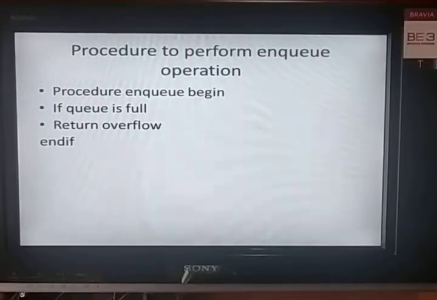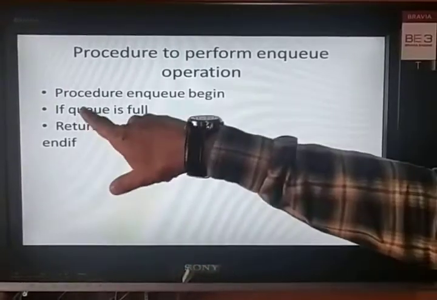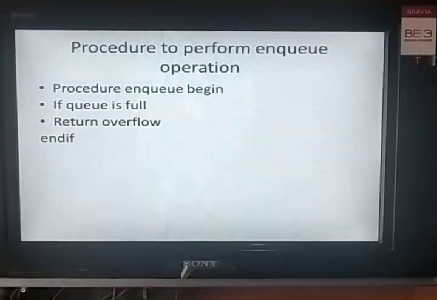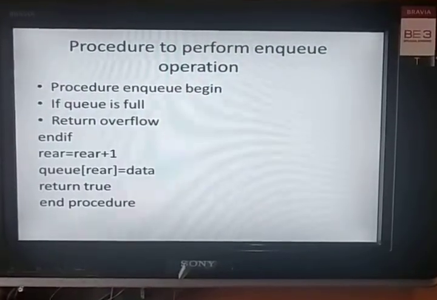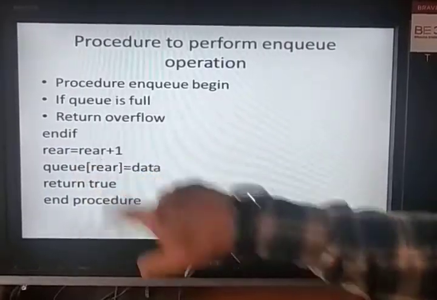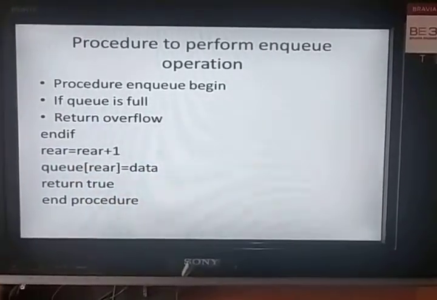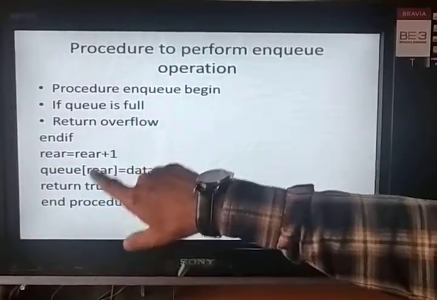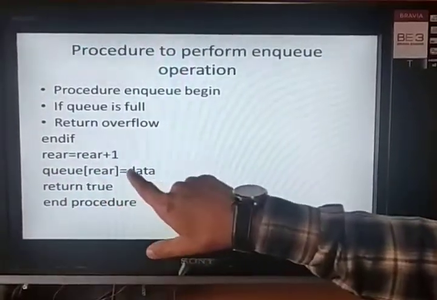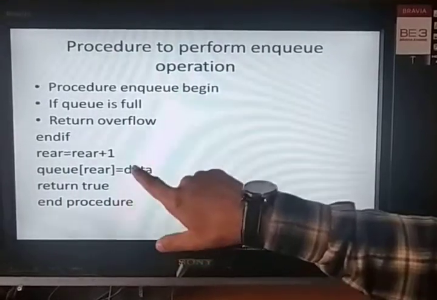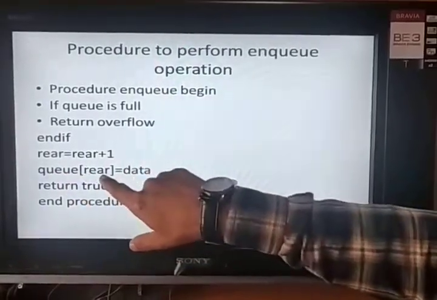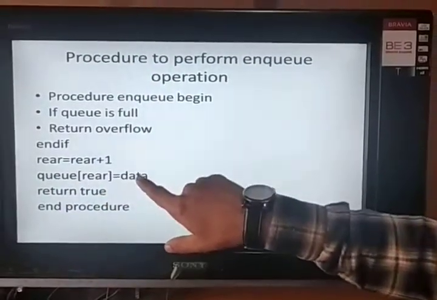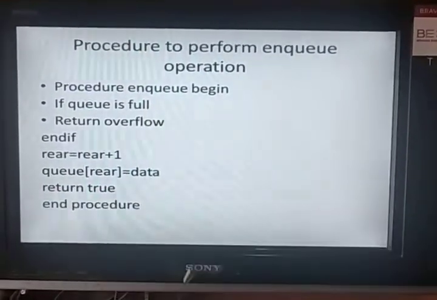And if the condition is false, then we have to increase the rear pointer by 1, rear equals rear plus 1. Now assign the value of data to the queue of rear position. So queue of rear equals data, then return true.